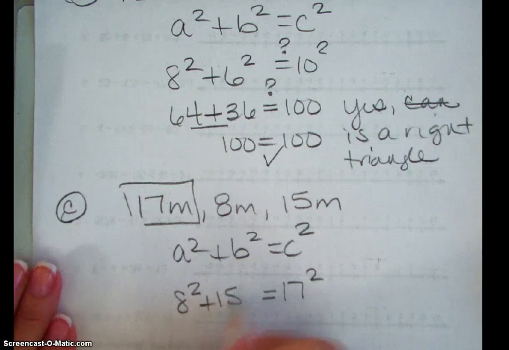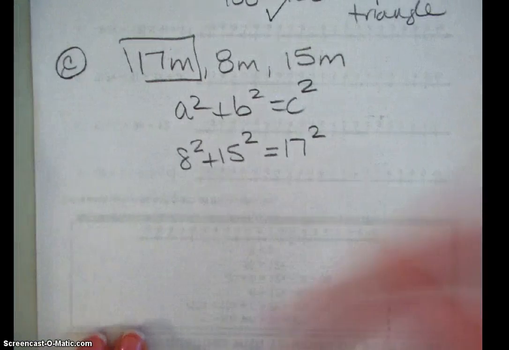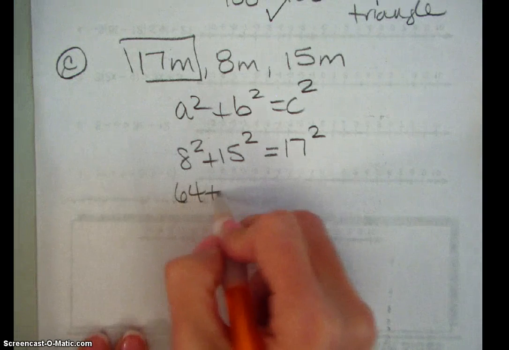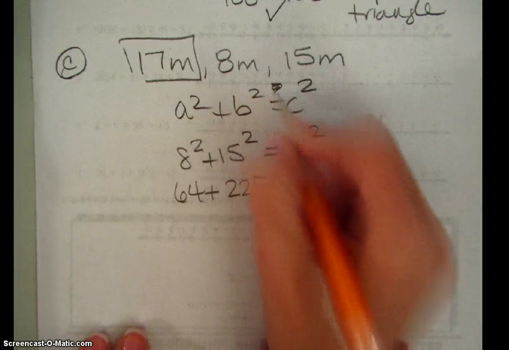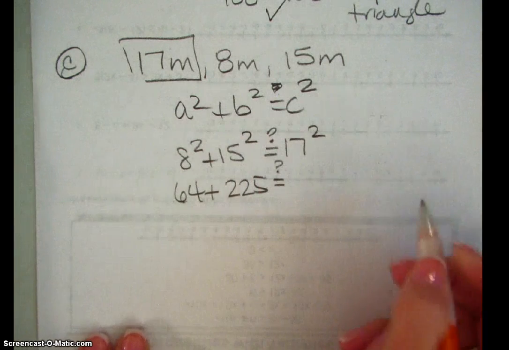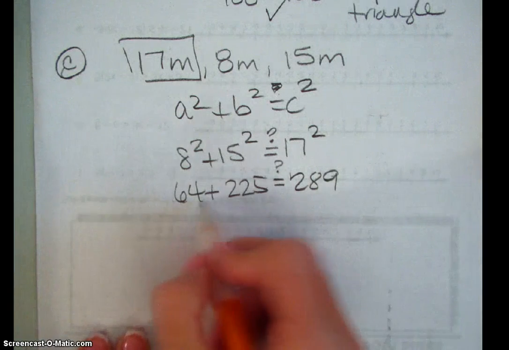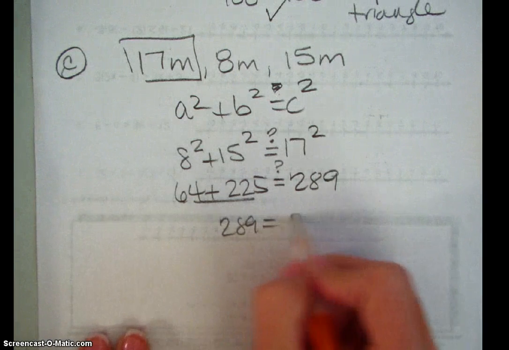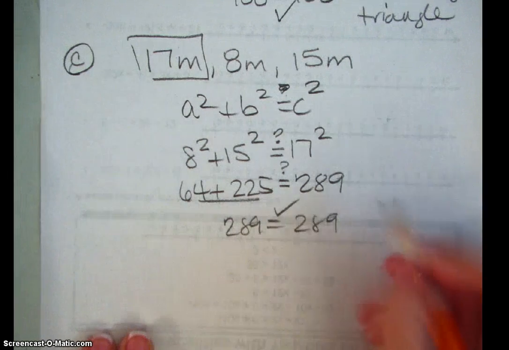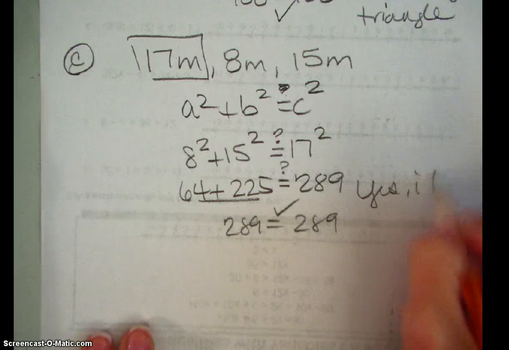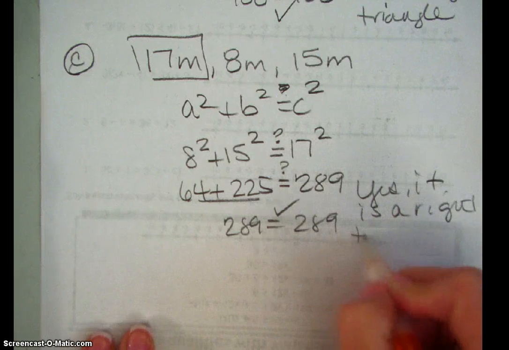And then this can be either way. Well, order of operations again, 8 squared is 64, 15 squared is 225, and then 17 squared, which you should have memorized, is 289. Add these together. And yes, 289 equals 289. So yes, it is a right triangle.